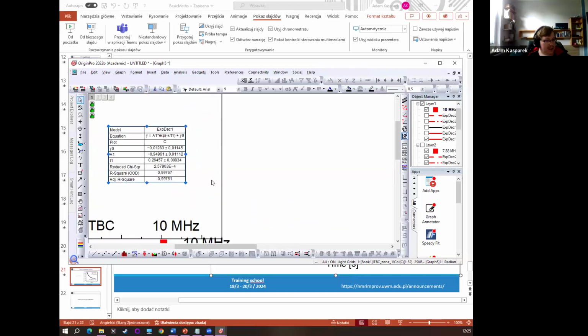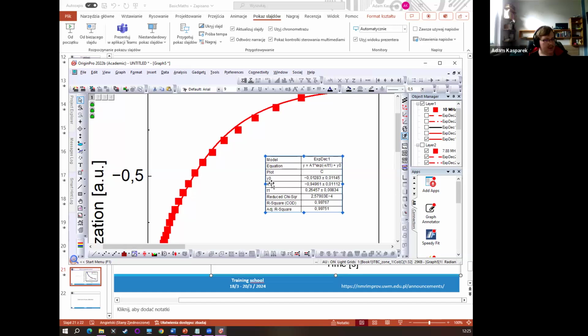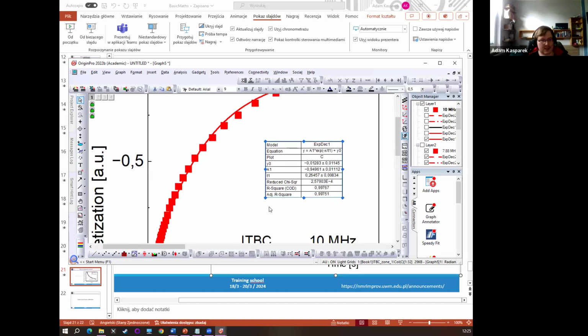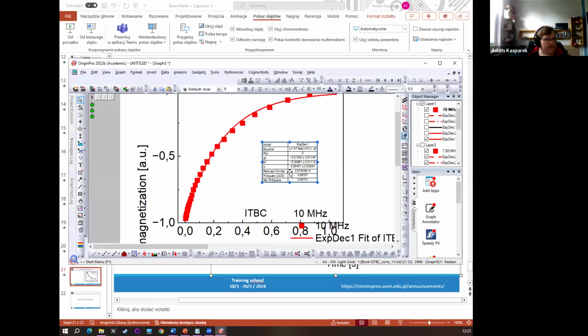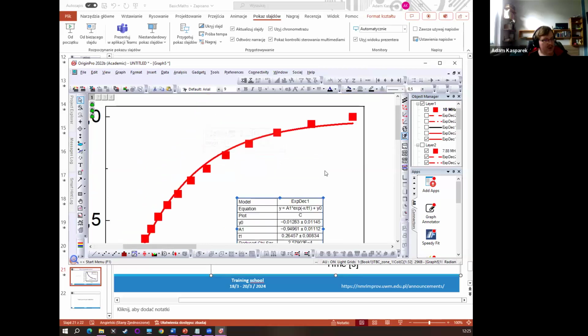And we got results like this. And obviously, because this is a different magnetization type, I'm sorry, the amplitude here is negative.